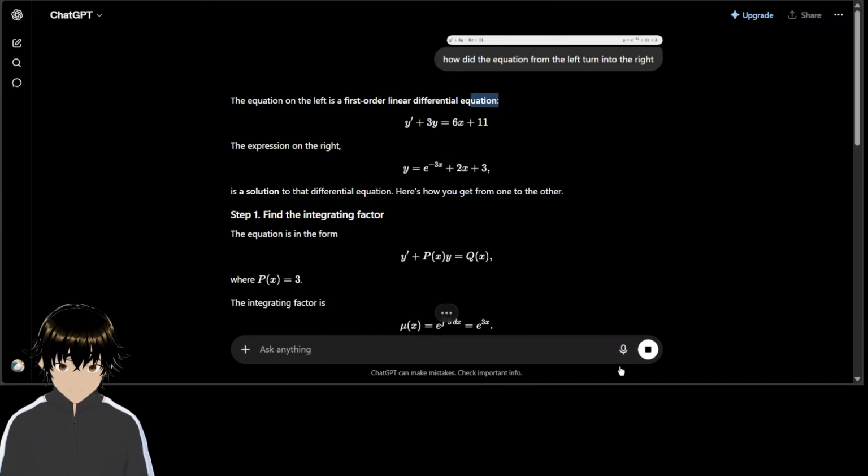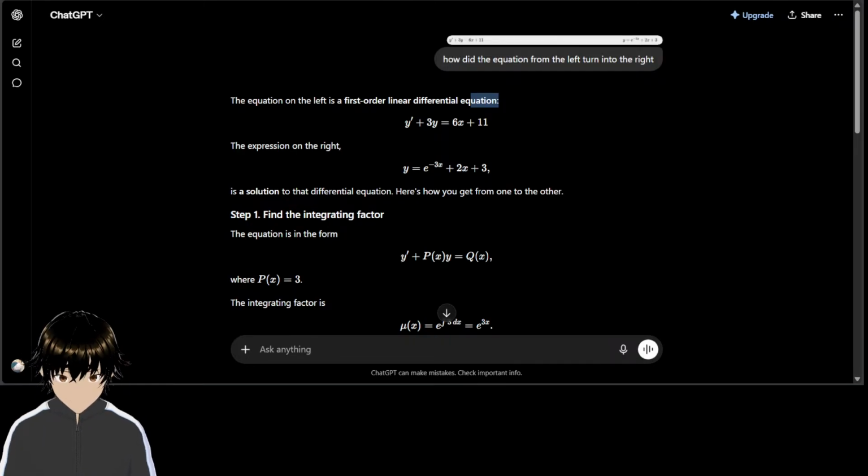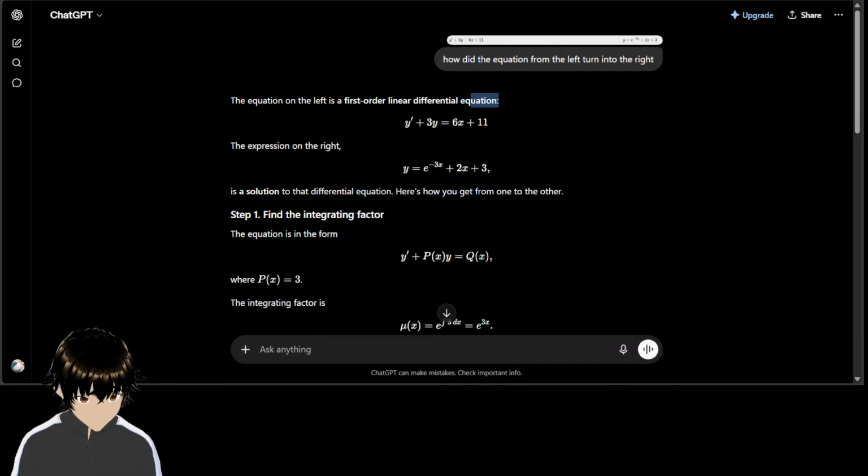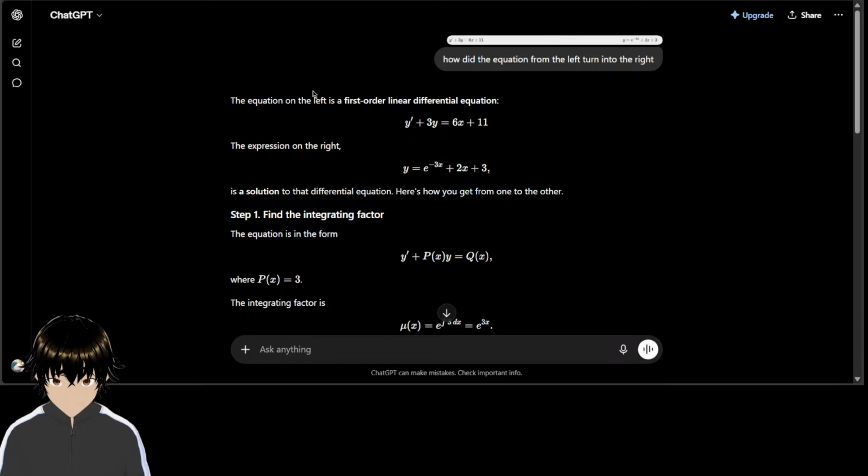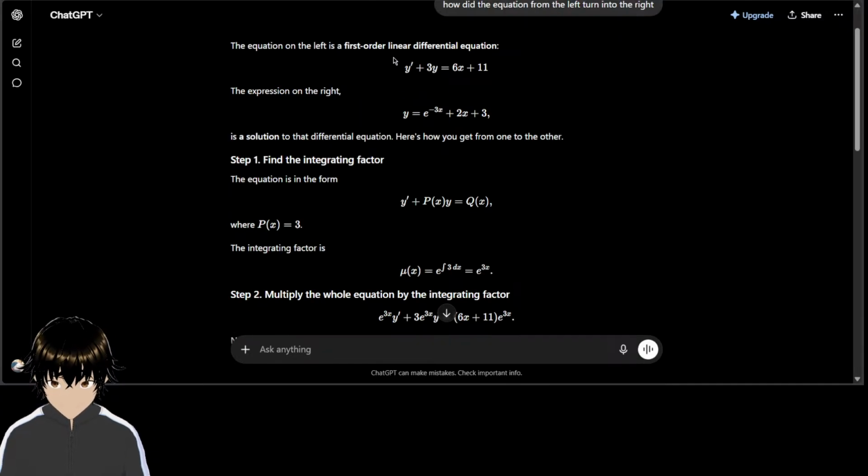First order linear differential equation. On the left is a first order linear differential equation. We have y prime plus 3y equals 6x plus 11. The expression on the right is y equals e to the negative 3x plus 2x plus 3.